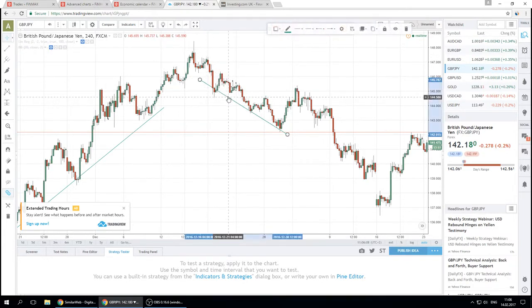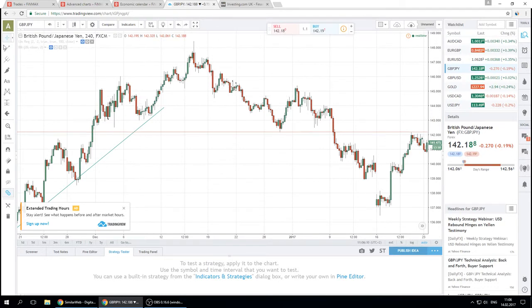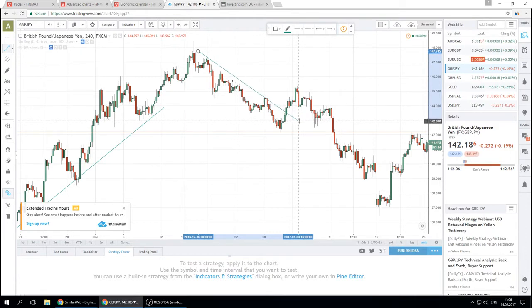Also, we can estimate it from the other side. Let's draw our trend line here. So here we had to open the trade for high, and in this situation you can open the trade for down. The price reflected from here.